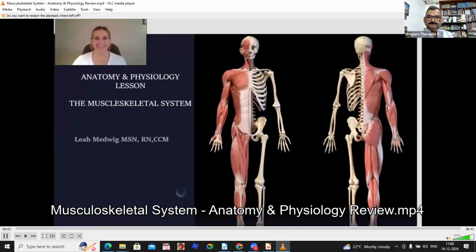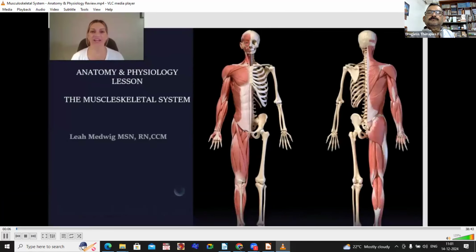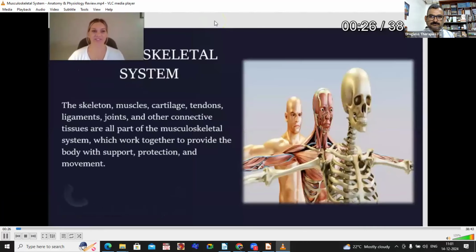Hi everyone, this is Leah, your lead course instructor for Advanced E-Clinical Training. As I know you've all been following along now with our anatomy and physiology lessons, today we are going to go over the musculoskeletal system. It consists of the skeleton, muscles, cartilage, tendons, ligaments, joints, and other connective tissues.